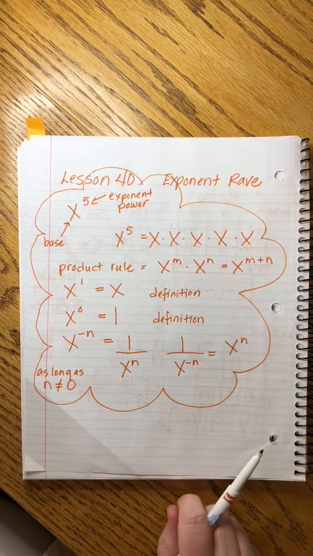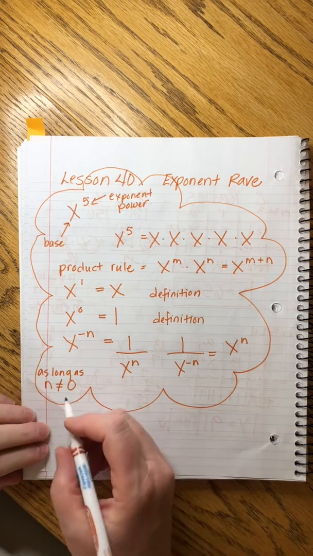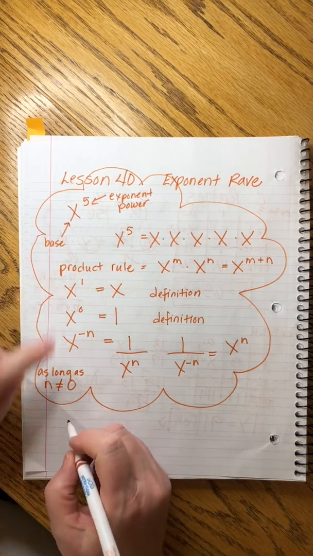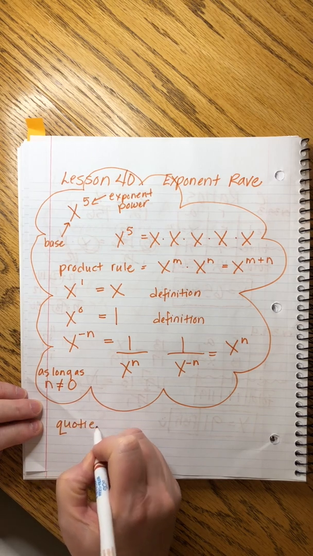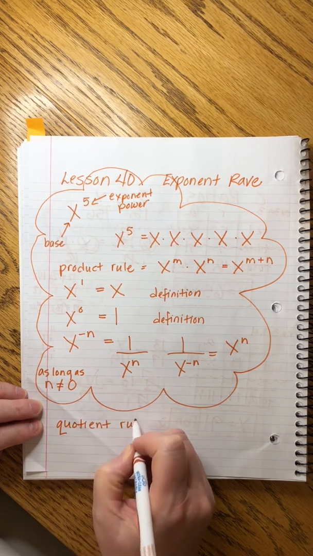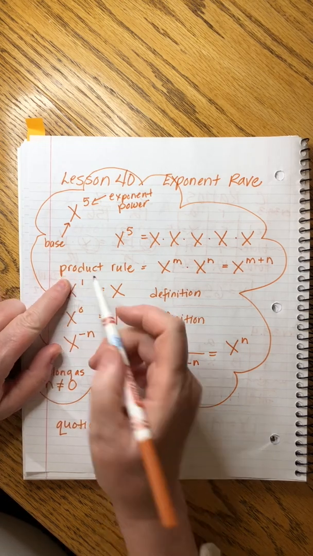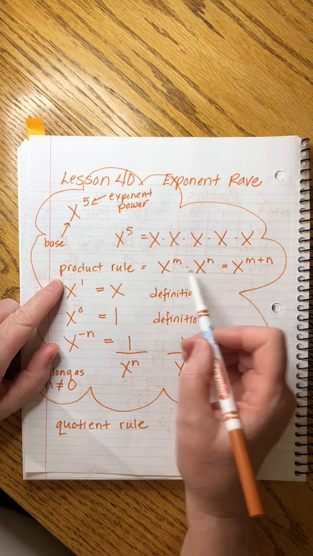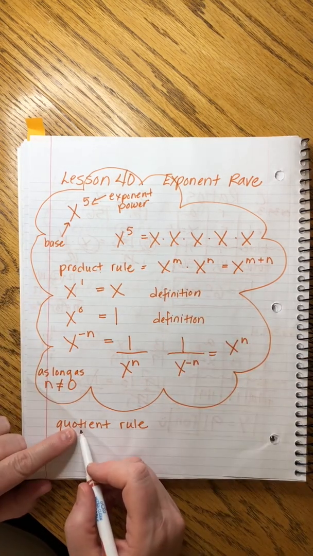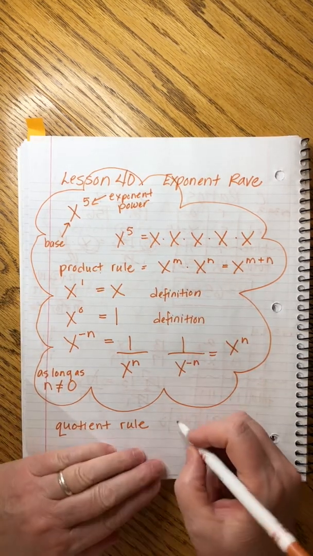about exponents. And now we're going to add one more, and I'm going to add it right here. We talked about the product rule. We're adding one now called the quotient rule. Product implies multiplying. And in this case, we were multiplying the bases together. Quotient implies division, doesn't it?